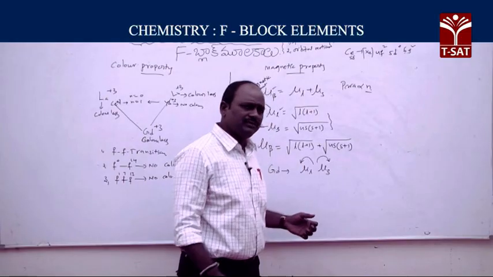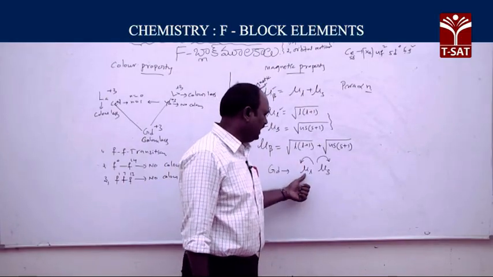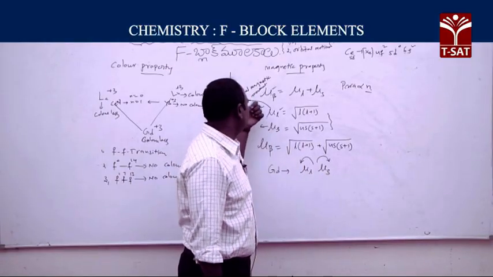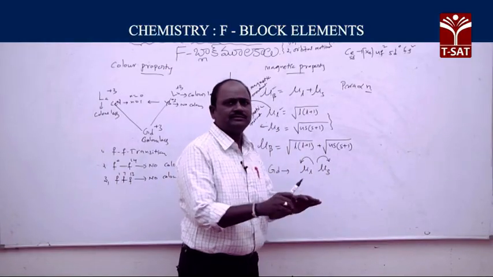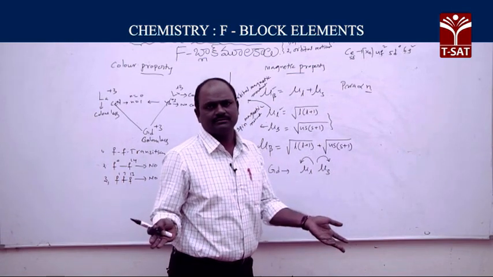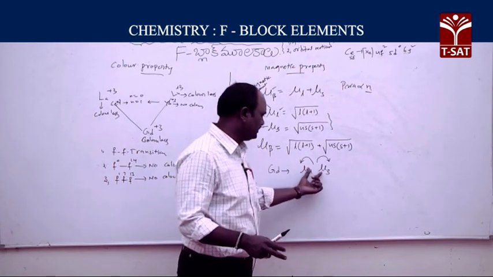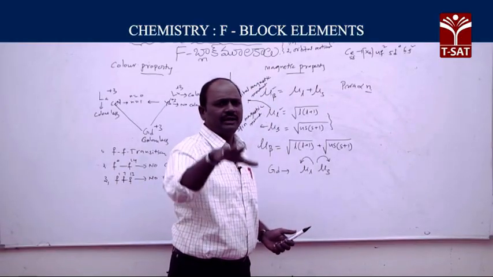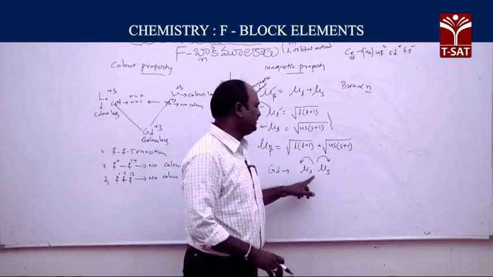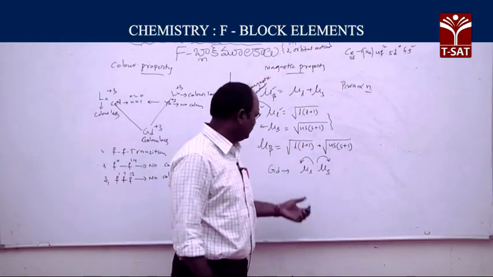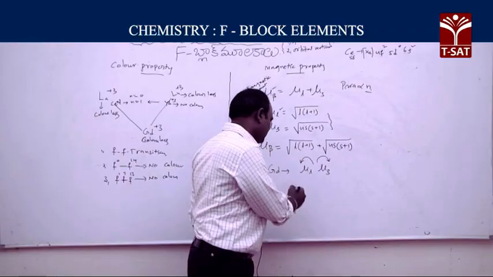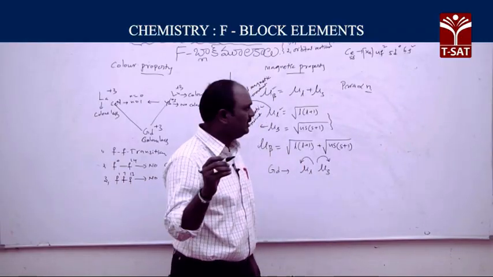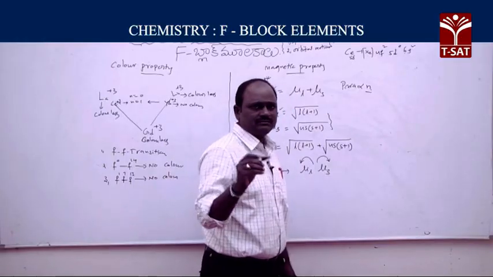That is only because μL and μS, the spin magnetic moment and orbital magnetic moment, work in opposite directions. As a result, its original μB value, its original magnetic moment value, is decreasing. Therefore, the gadolinium ion magnetic moment is very less.